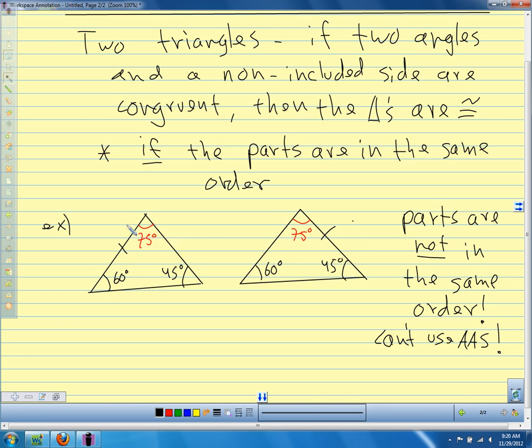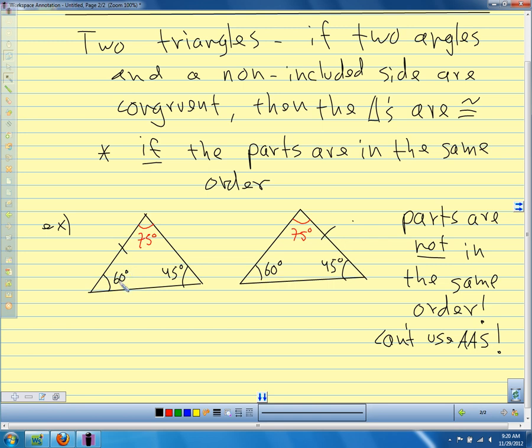It could be angle, side, angle, but we have to match up the same angles. So on this triangle, we match up the 75-degree angles here, but the other angle that's next to my side is 60 here.